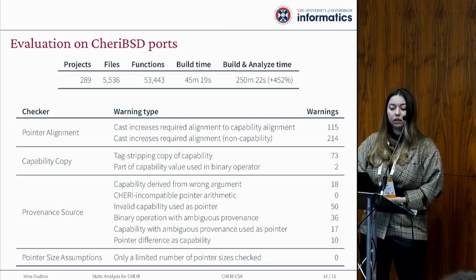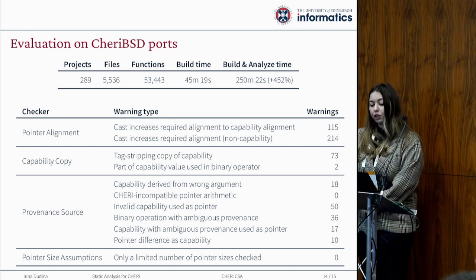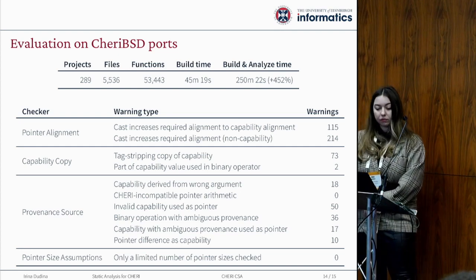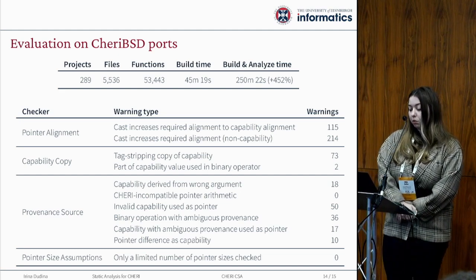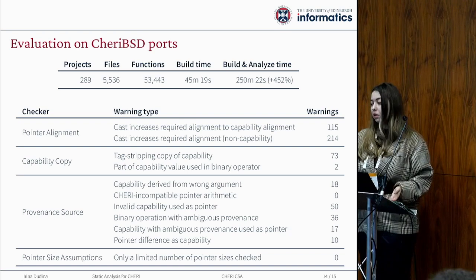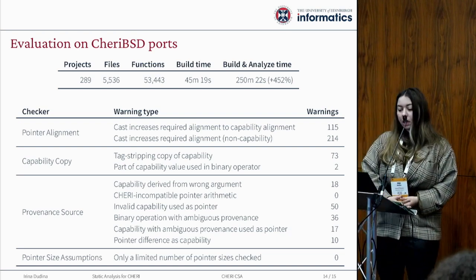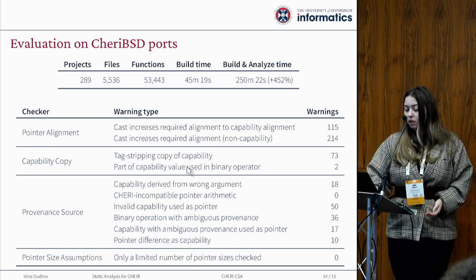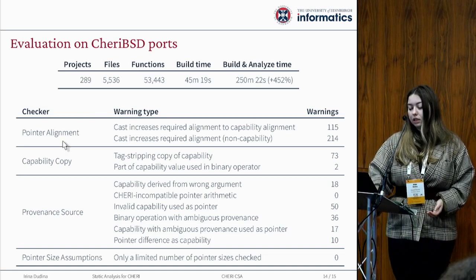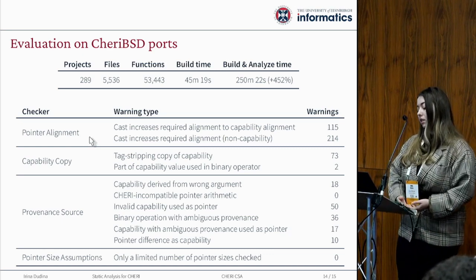So these are the results. I checked this on a selection of CHERI BSD ports. First of all, we can notice that analysis takes about 4 or 5 times longer than the compilation, which is, I guess, acceptable. The most useful warnings are the pointer alignment warnings, and this checker is still under active development.